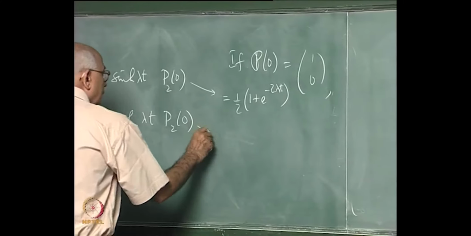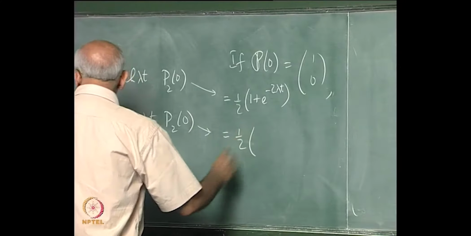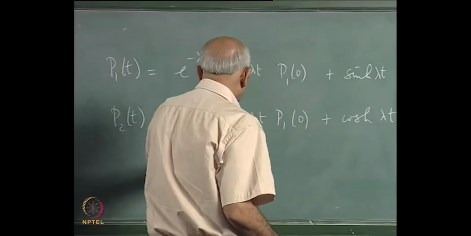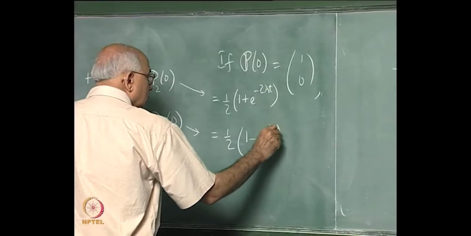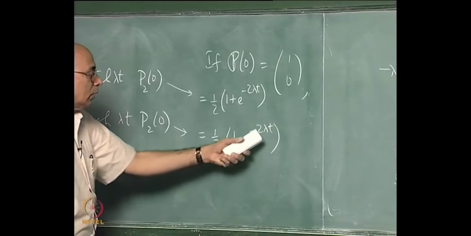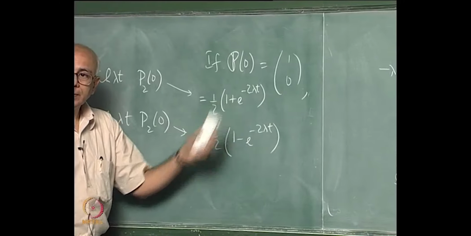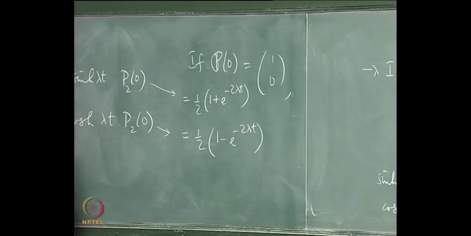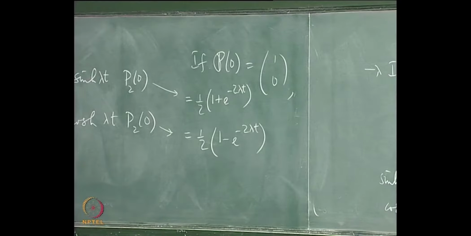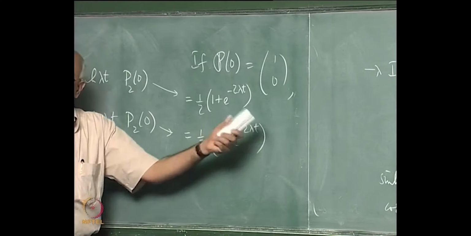And in that same case, this becomes equal to half, there is an e to the minus lambda t, so this becomes 1 minus e to the minus 2 lambda t. So at t equal to 0, this is 0 and that is 1, and as t increases, this fellow drops down from 1 towards half asymptotically, and this builds up from 0 towards a half.